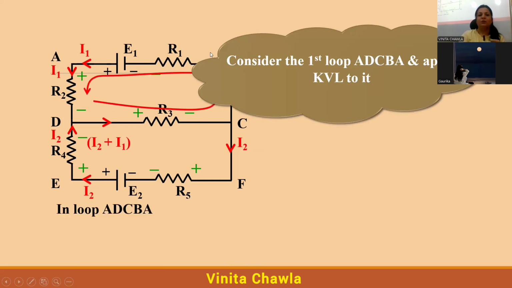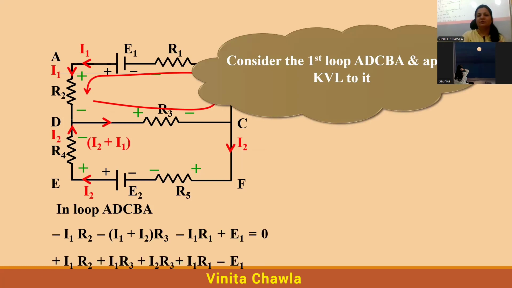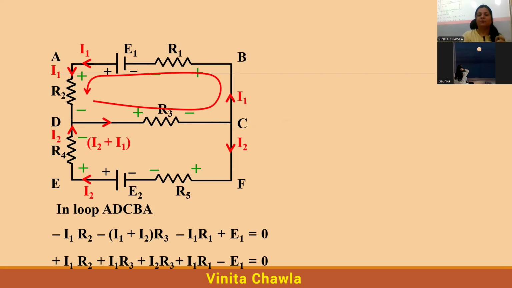Okay. So in this loop, look at the arrow. So we have I1 R2 and I1 plus I2, R3. Now you can see, minus I1 R2. Then we have minus in this wire DC.